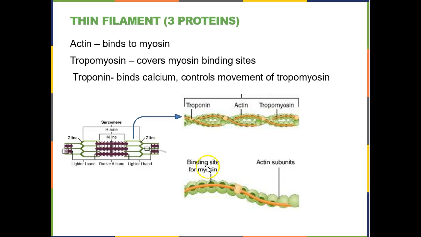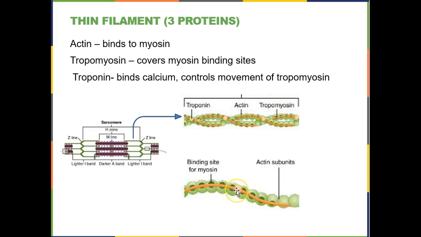Each actin molecule has a little spot on it that myosin likes to stick to. Myosin is the protein in the A band, or the thick filament, which I should have talked about first, but whatever, just remember that myosin binding site is there. And it is normally covered by this long filamentous protein here called tropomyosin.